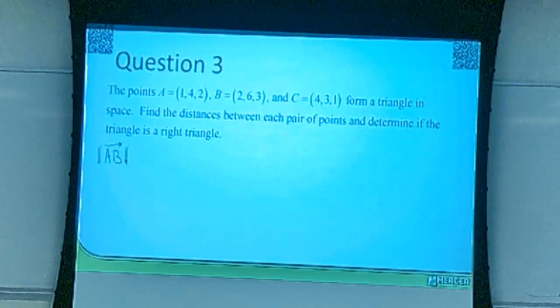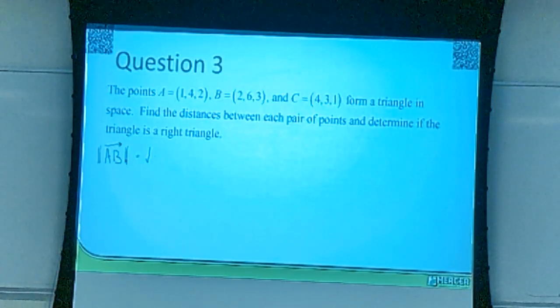Yeah, that'll work. It's just the length of each line, right? And remember, AB and DA are the same line, so there's only 3 lengths we have to find. So length of AB, just the distance between A and B, right? It doesn't matter which is your initial, which is your terminal.